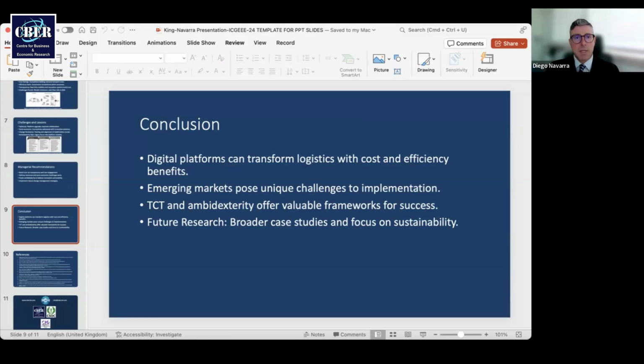And of course, we'd certainly be more than happy in the future to see this approach being tested further, also with additional case studies that can better highlight the dynamics of sustainability in the utilization and implementation of these platforms as well.